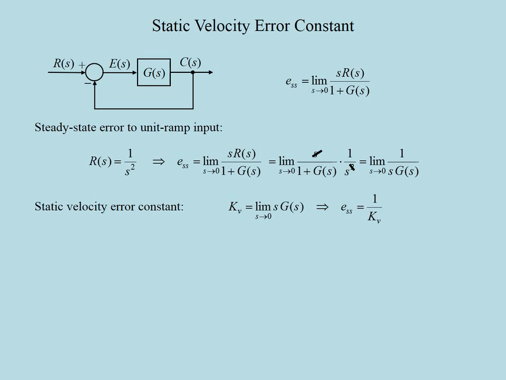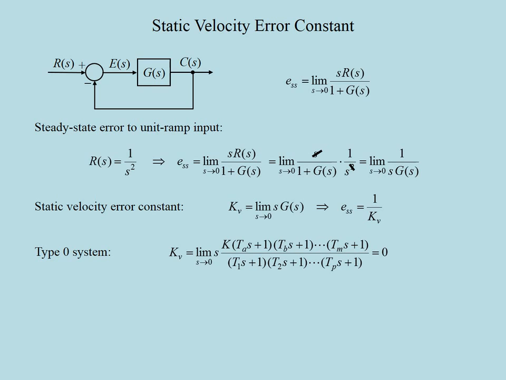Proceeding similar to the unit step input case, we see that the velocity error constant is determined directly by the type of the system. That is the number of integrators in the feed-forward transfer function. For type 0 systems, the velocity error constant will be 0.